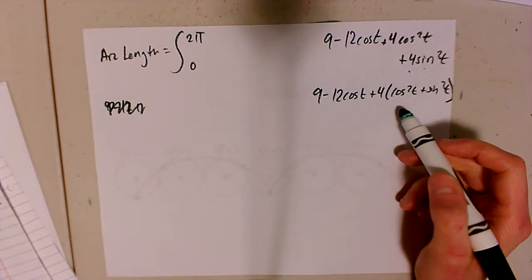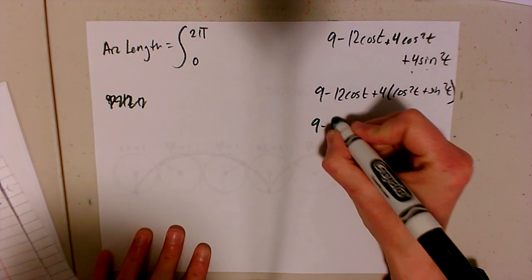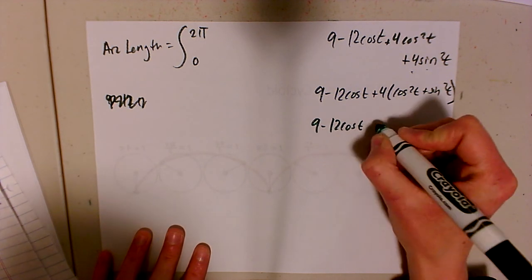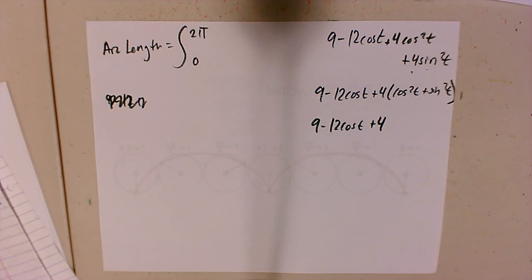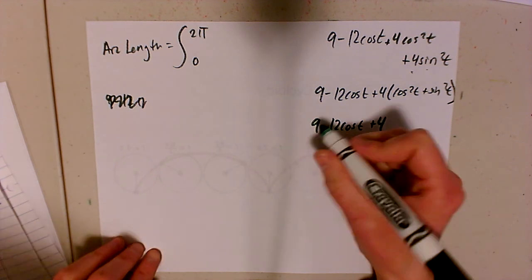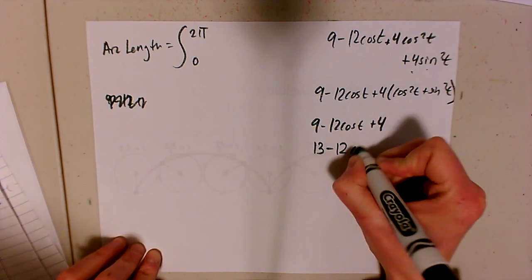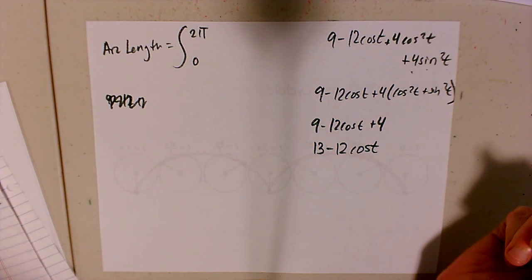And then you can do 1 times 4, which is 4. So we have 9 minus 12 cosine t plus 4. Okay? And then, well, 9 plus 4 is just 13. So we have 13 minus 12 cosine t.